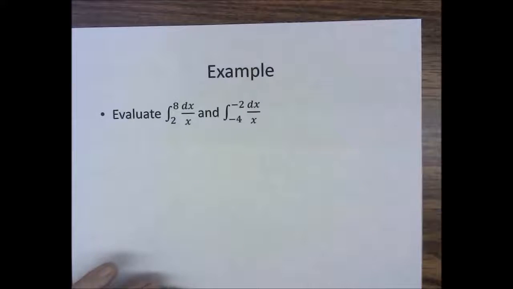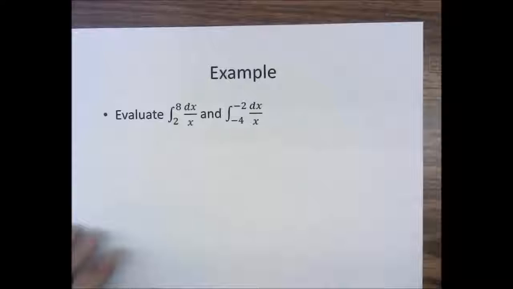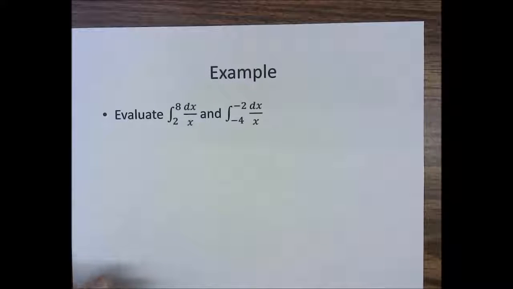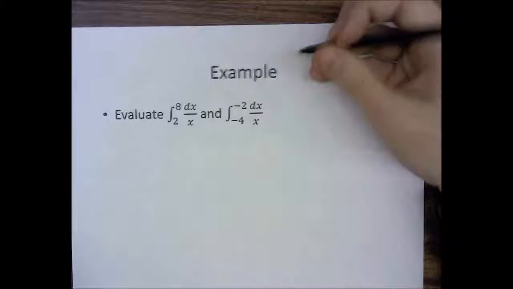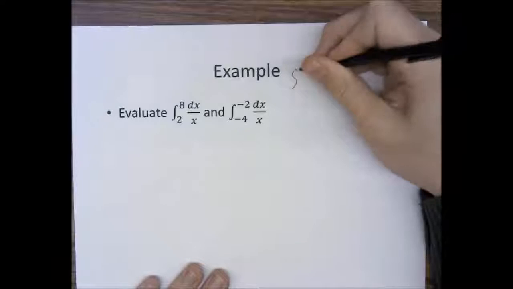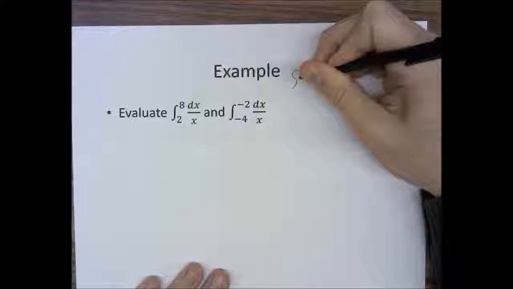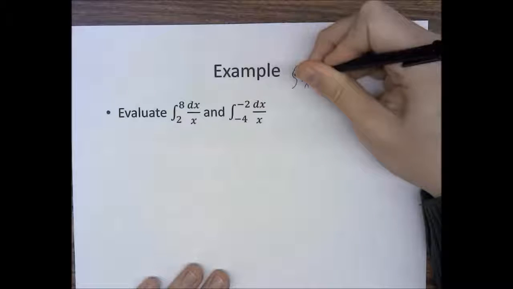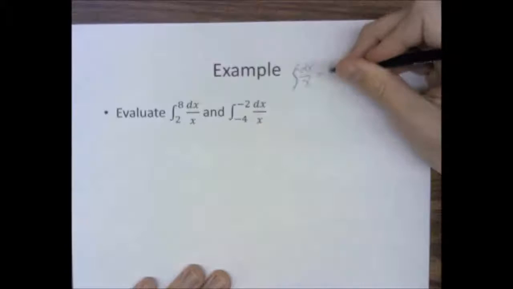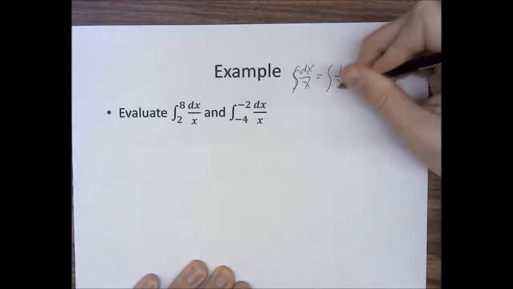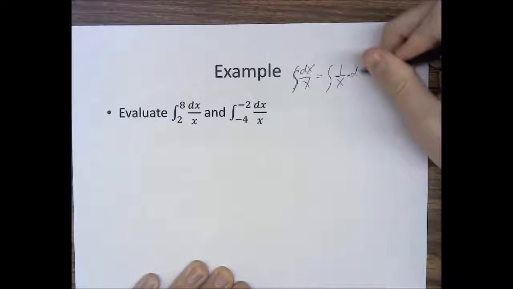And our last two examples, so we're going to evaluate the integral from 2 to 8 of dx over x, and the integral from negative 4 to negative 2 of dx over x. So whenever you see integral dx over x, remember that is the same thing as the integral of 1 over x times dx.